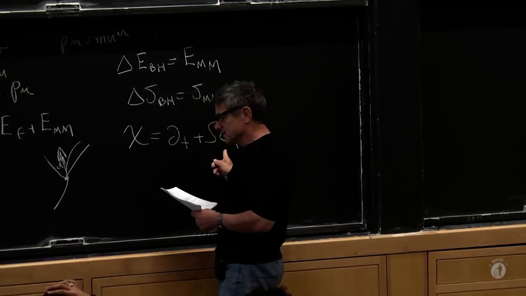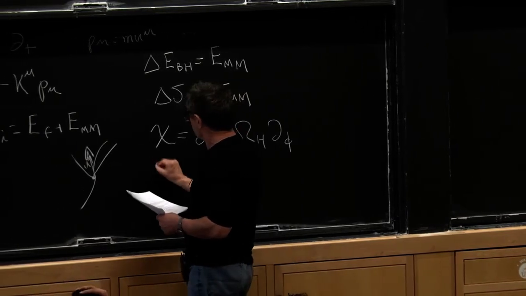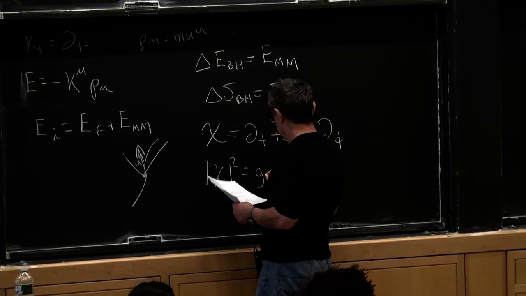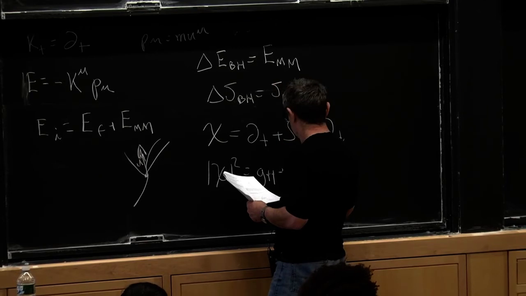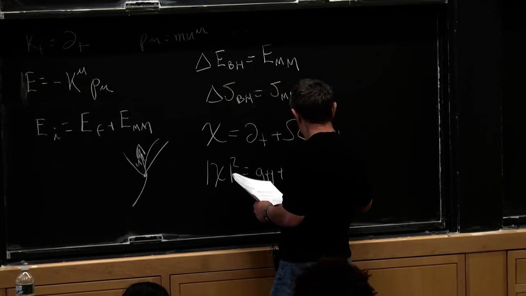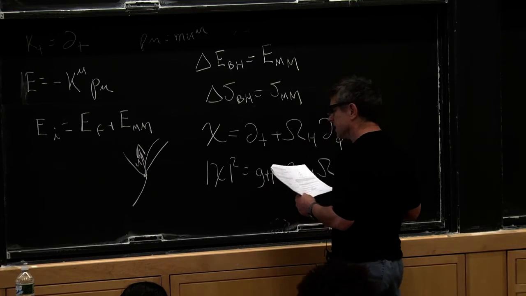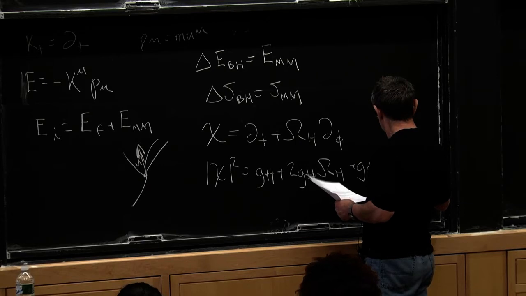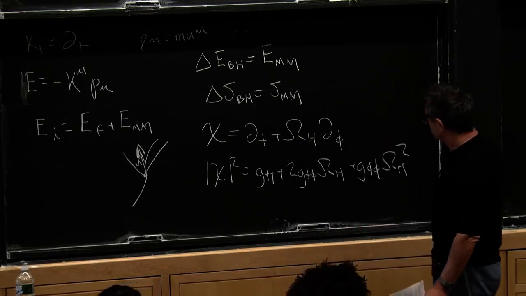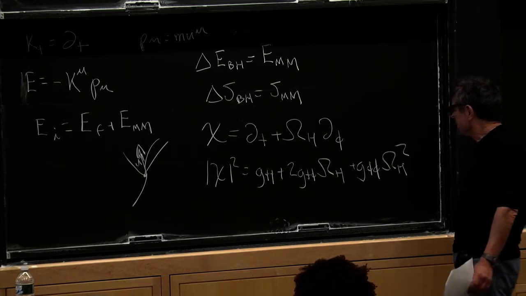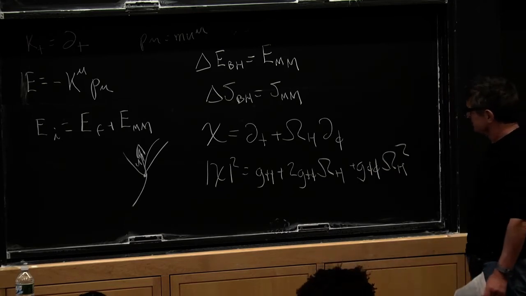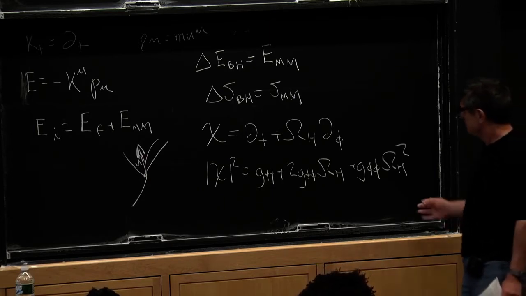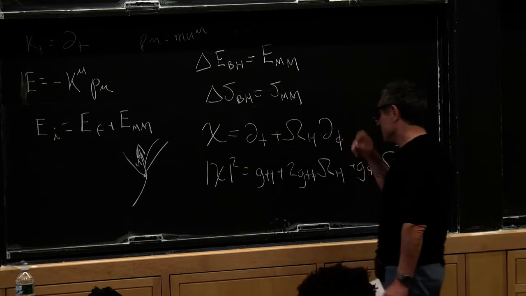If we compute its norm, chi squared, which is equal to g_tt plus 2 g_t phi omega horizon plus g_phi phi omega horizon squared, in general that's some function of r and theta. Does it depend on theta? I'm not sure. It certainly could depend on theta a priori.